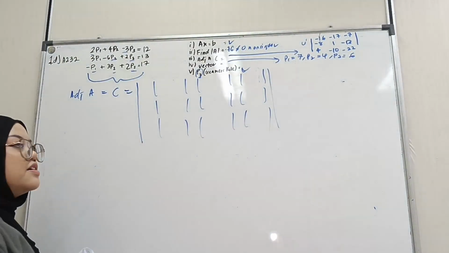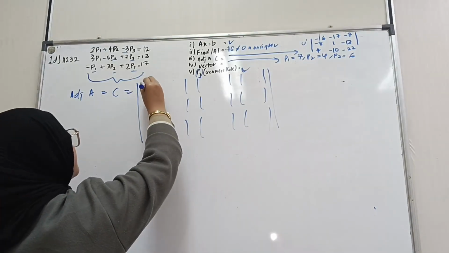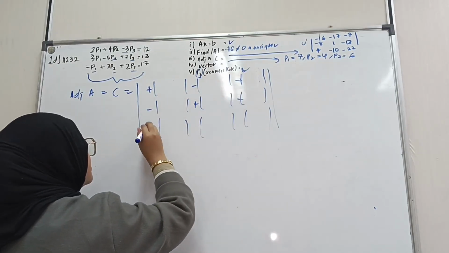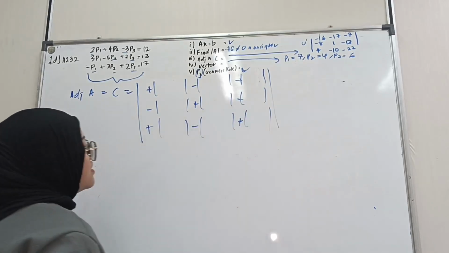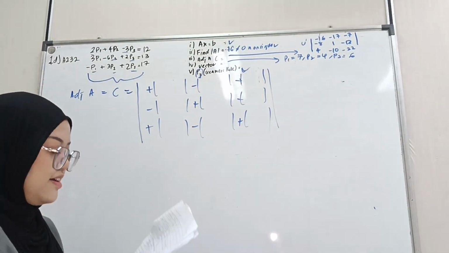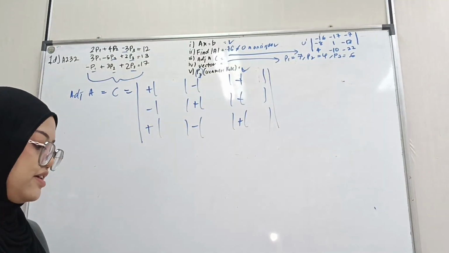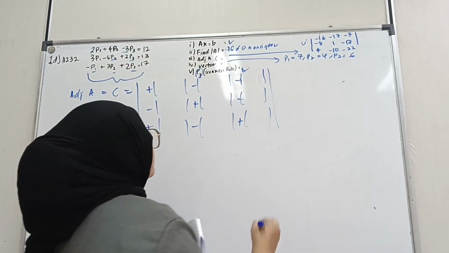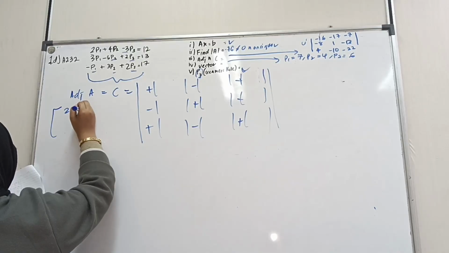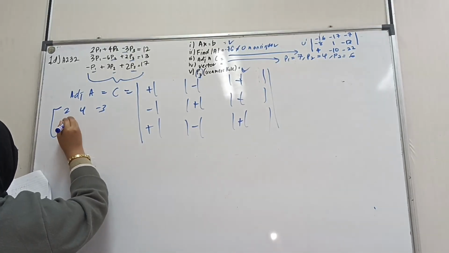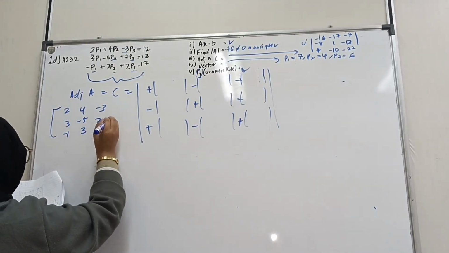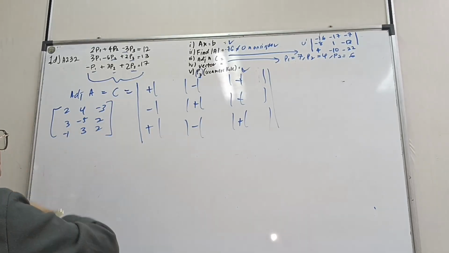We put the plus or minus signs right here: plus, minus, plus, minus, plus, minus, plus, minus, plus. What we do in the bracket is put the numbers again: 2, 4 minus 3, 3 minus 5, 2 minus 1, 2, 3. This is the number.